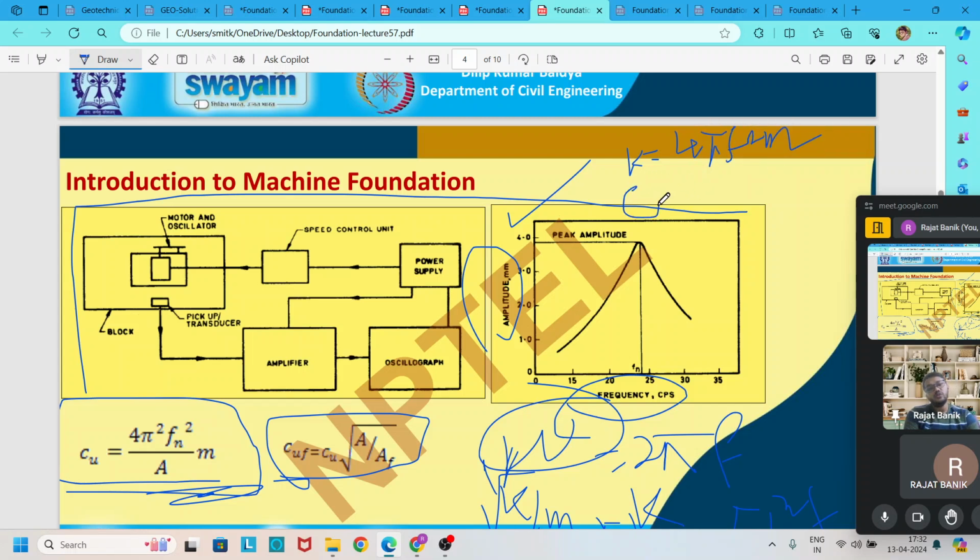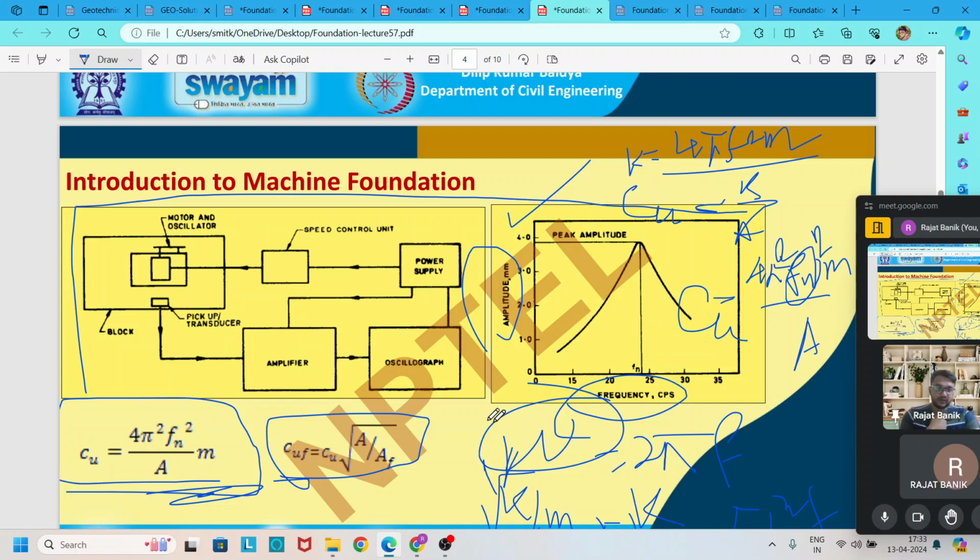We know that Cu is equal to k by A. Then if you put this k value here, 4 pi square f square into m divided by A, we get the coefficient of uniform compression. And to find out this coefficient of uniform compression, we need to find out the frequency.